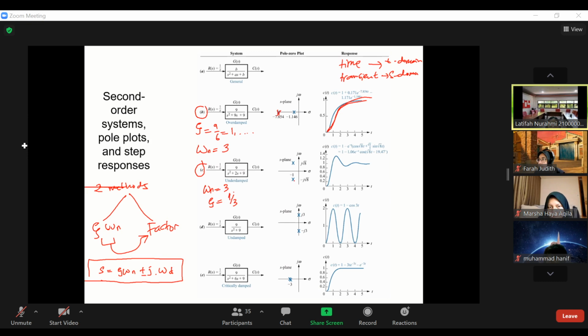Okay, and you can also from here find S1 and S2, pole number 1 and pole number 2. This corresponds to S1, and this corresponds to S2. And your time response function will be this, because you have zeta and omega n at the same time.